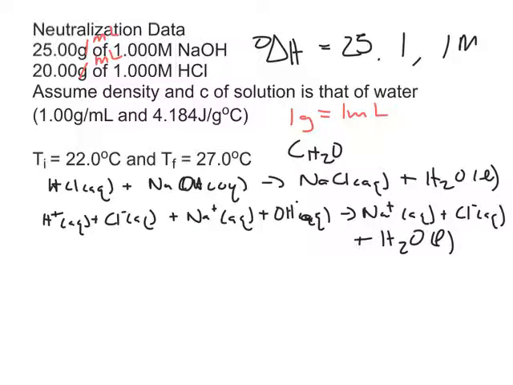And our spectator ions were sodium, it appears on both sides, and chlorine, it appears on both sides. And that leaves us, our net ionic is hydrogen ion plus hydroxide ion makes water.